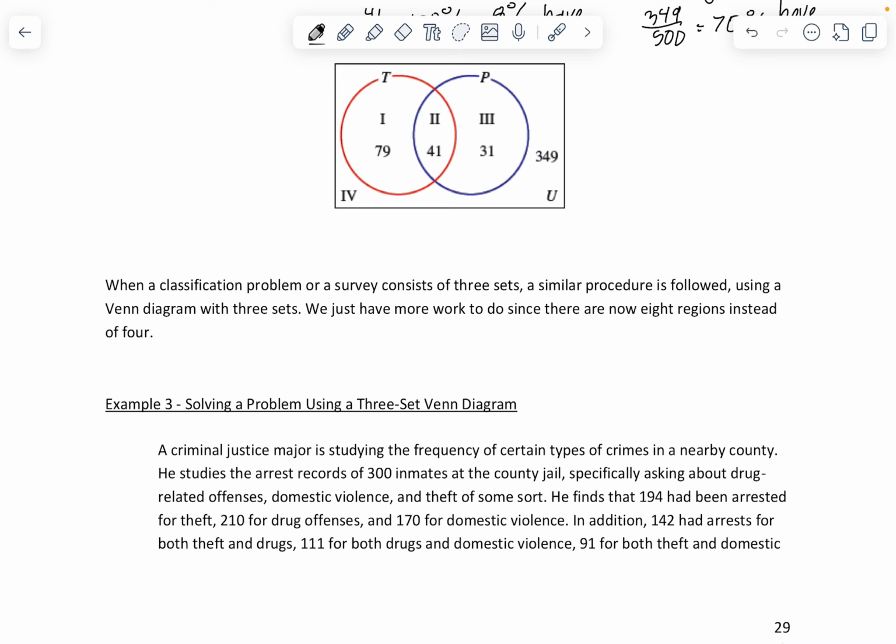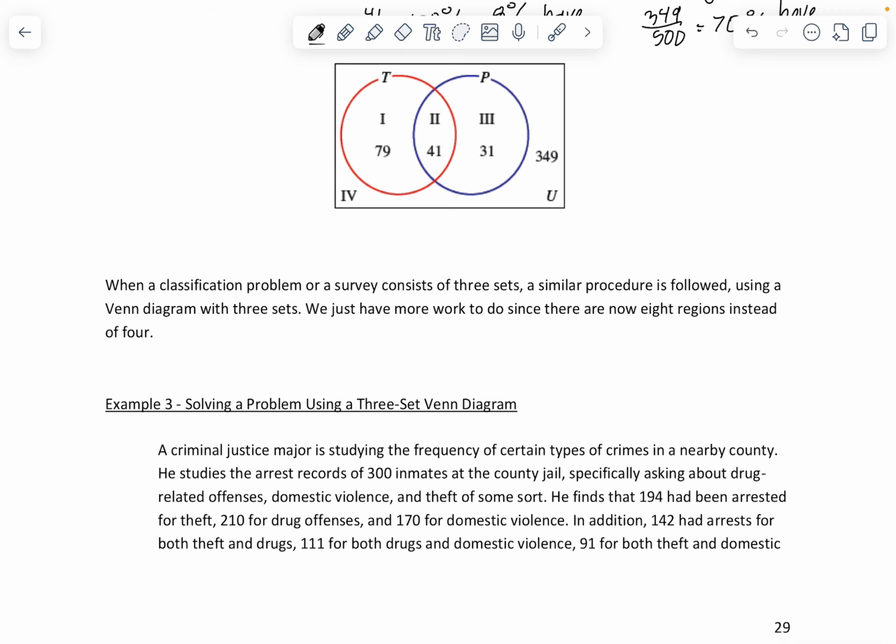Here's our first one, example 3. A criminal justice major is studying the frequency of certain types of criminal crimes in a nearby county. He studies the arrest records of 300 inmates at the county jail, specifically asking about drug-related offenses, domestic violence, and theft of some sort. He finds that 194 had been arrested for theft, 210 for drug offenses, and 170 for domestic violence.